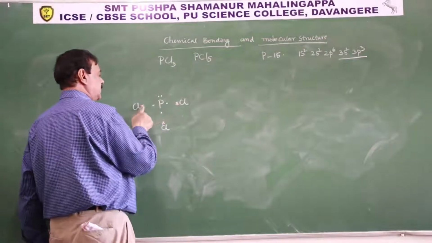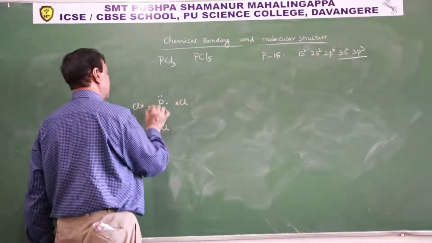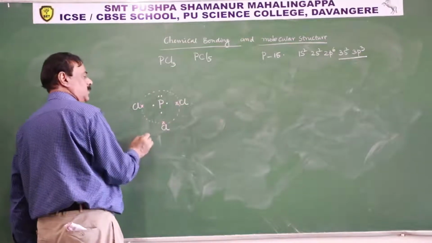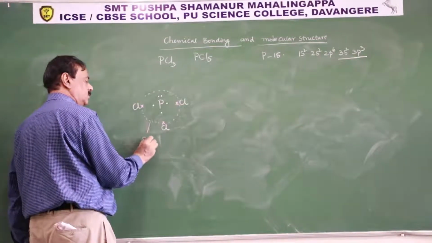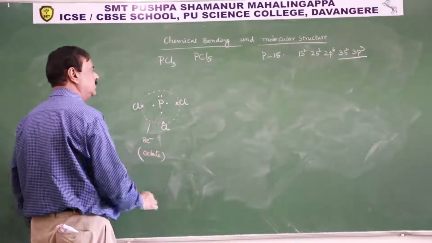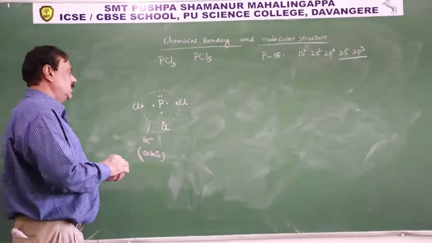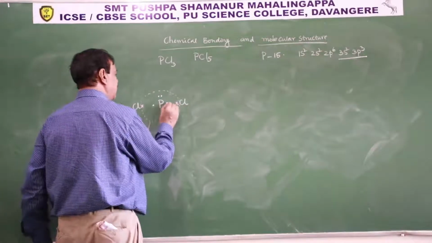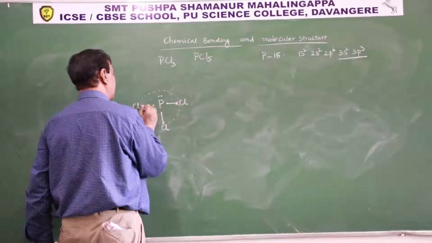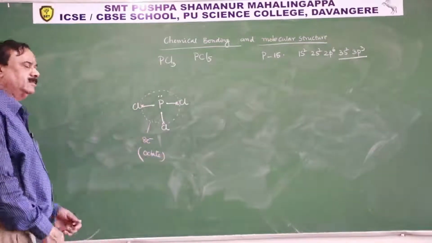See, 5 electrons here, and 1, 2, 3 electrons come from the chlorines. Now it is an octet state. This is 8 electrons, which corresponds to an octet. Each chlorine has the ability to form one covalent chemical bond.